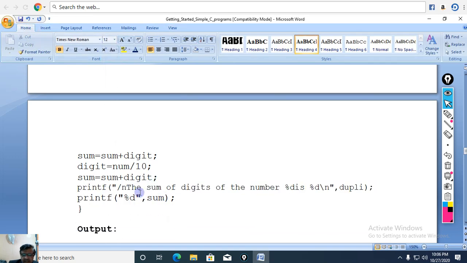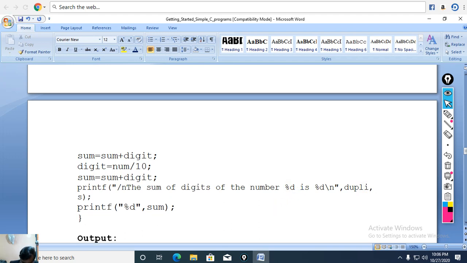Now this will create a blank line, and after the blank line this will be written: the sum of the digits of the number percentage d is percentage d. Here duplicate will go over here, and here sum, whatever that sum contains, 1 plus 2 plus 3 plus 4. Here once again we have written sum in a separate printf statement. I think we can remove this line itself.